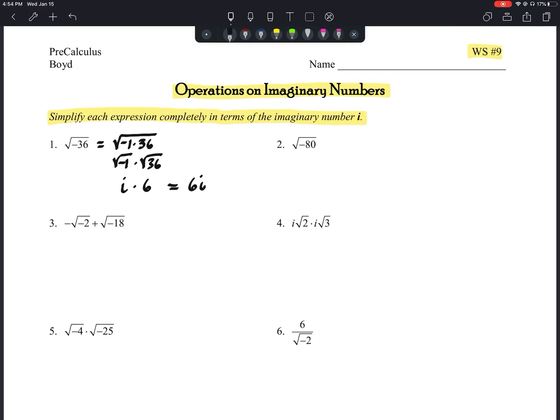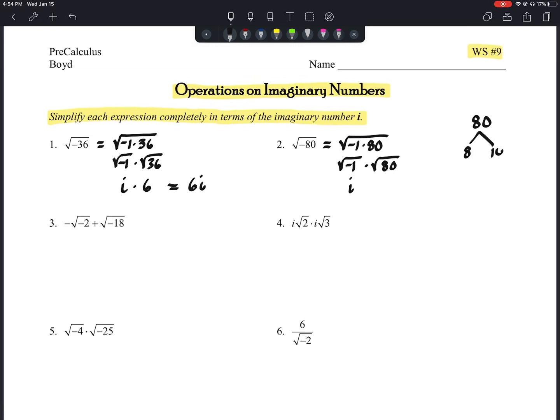Looking at number 2, we have the square root of negative 80. Again, we can think of this as the square root of negative 1 times 80. If you want to break it apart, you can. Right now I know that I have the square root of negative 1, so I'm definitely going to have an i in it. Now the square root of 80, if you're not great with breaking down square roots and perfect squares, you can break this down.